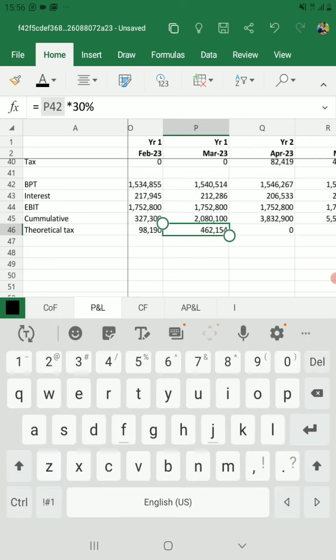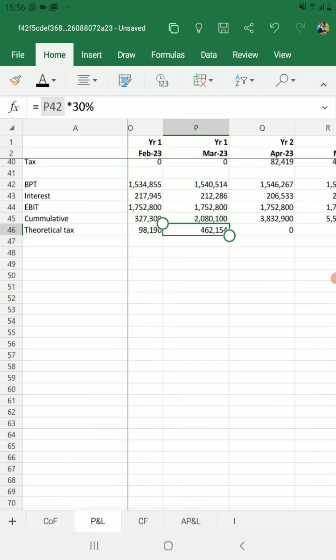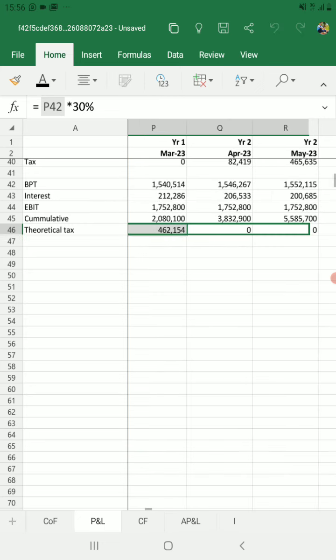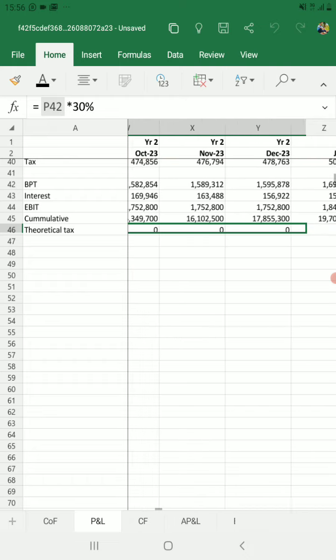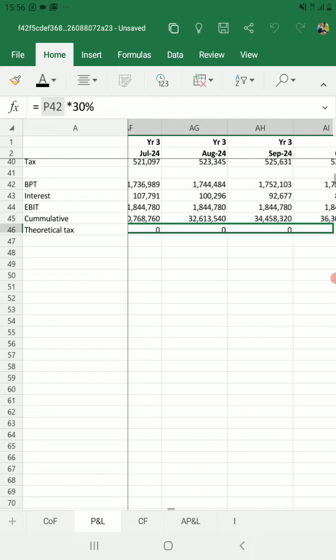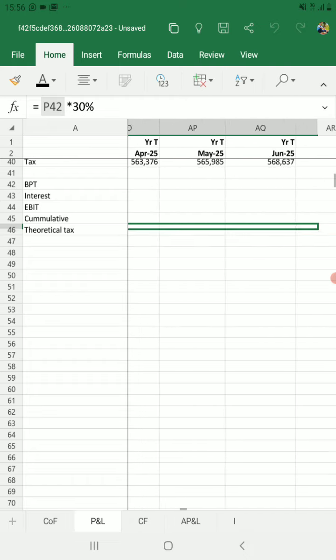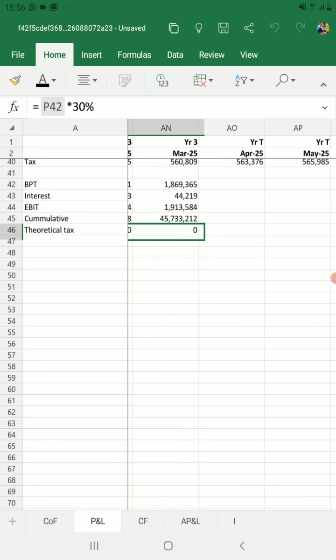This one is going to be true throughout, so I tap to fill it throughout our projection period for theoretical tax, up to here.